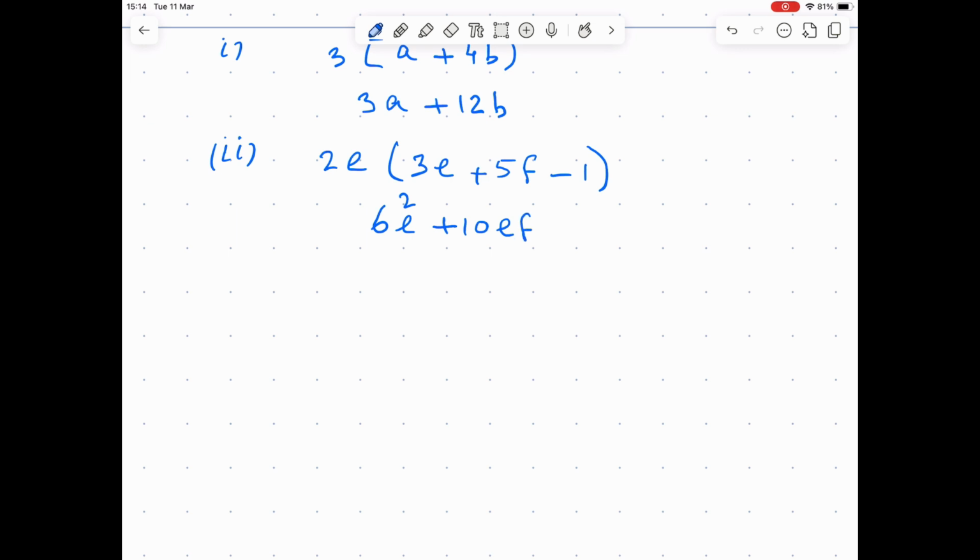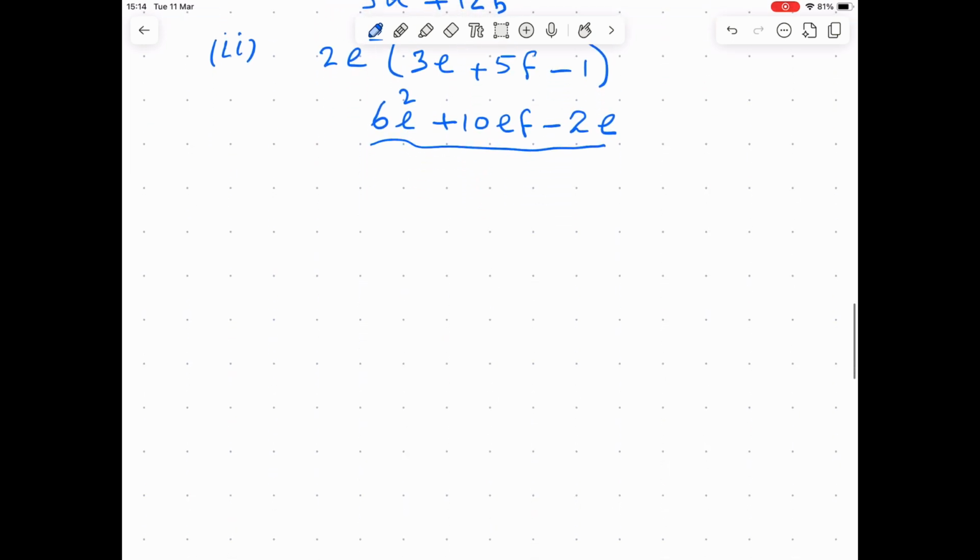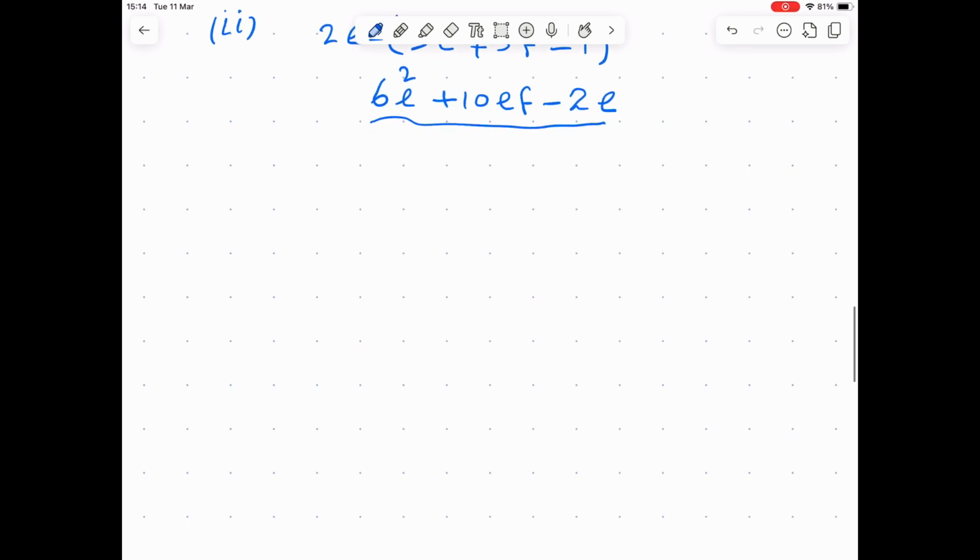And then again 2e times 1 minus 2e. So that is the answer. Next one we'll look at the substitution.